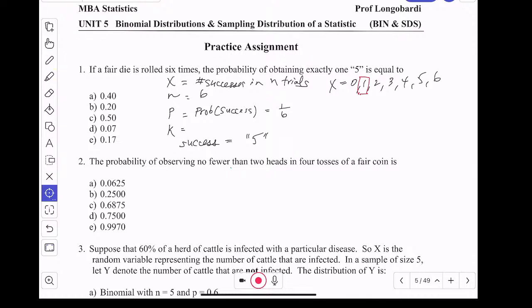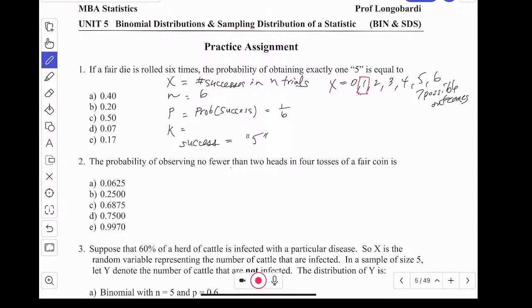These are the possibilities for after I've rolled the die 6 times: I could see 0 5s, 1 5, all the way up to 6 5s. There are 7 possible outcomes from the 6 trials.